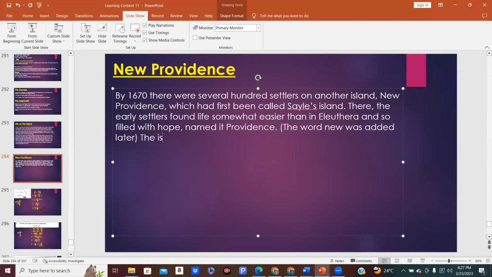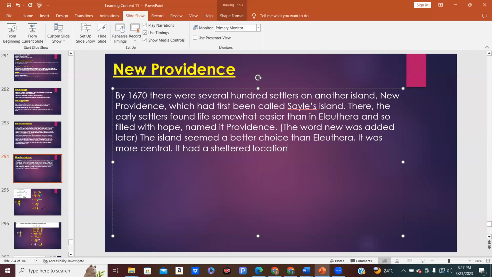The island seemed a better choice than Eleuthera. It was more central. It had a sheltered location. It had a good harbor.